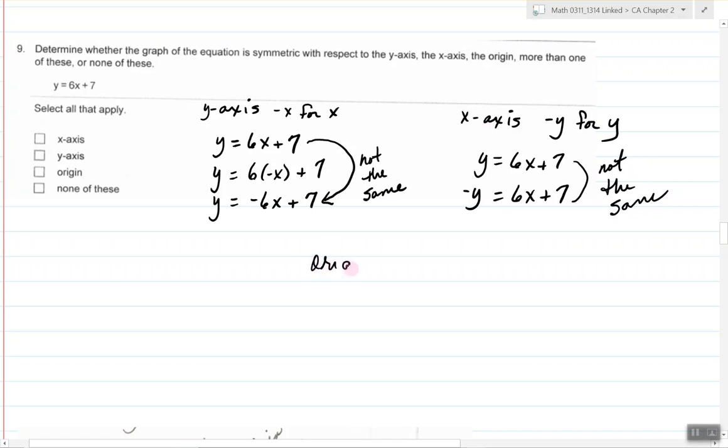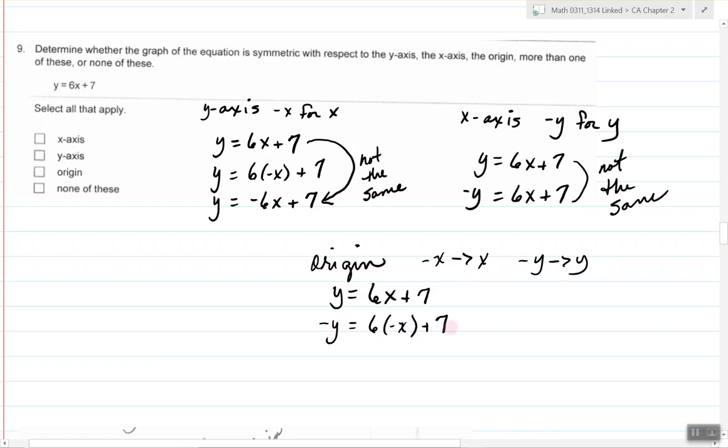Origin. I start with y equals 6x plus 7. To test for origin symmetry, I put negative x in the place of x, and I put negative y in the place of y. So negative y is equal to 6 times negative x plus 7.